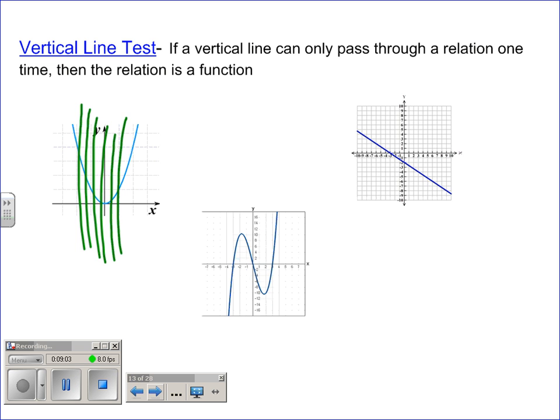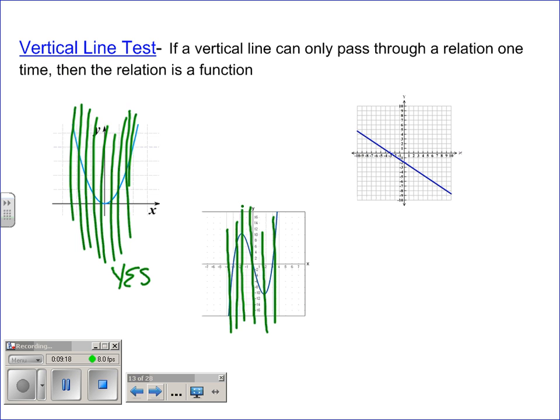All right, take a moment, think about it. Is it a function or not? Yes, it is a function because the vertical lines only pass through the relation one time. Now think about this one. Same thing. Yes, this one is also a function.